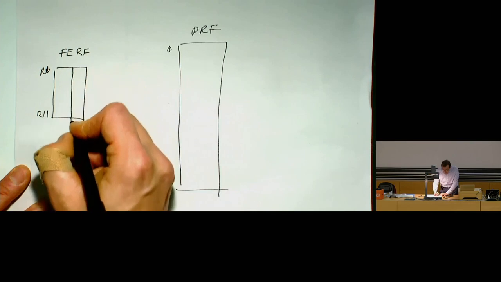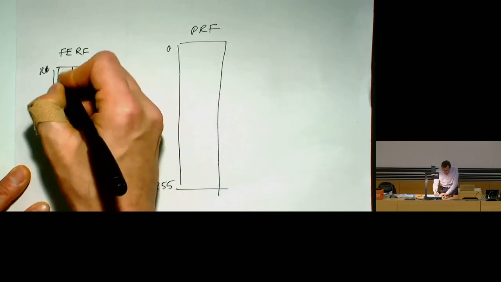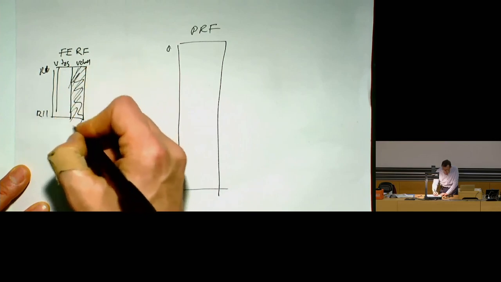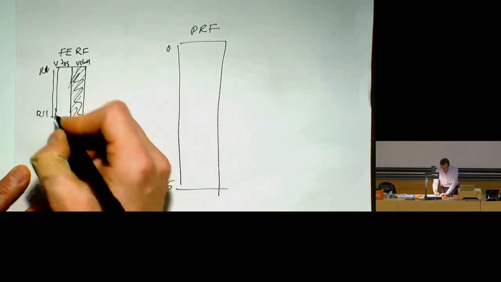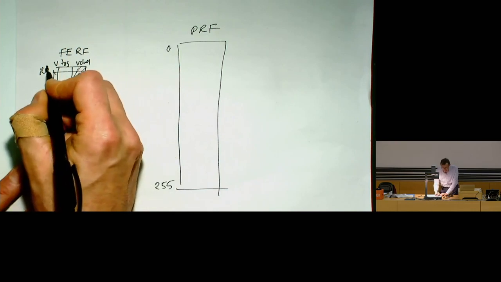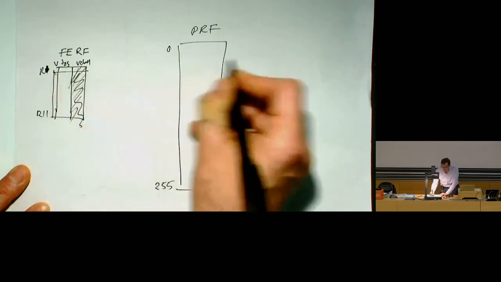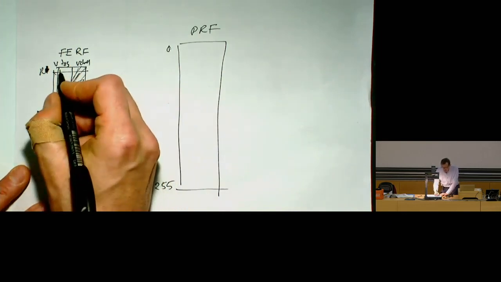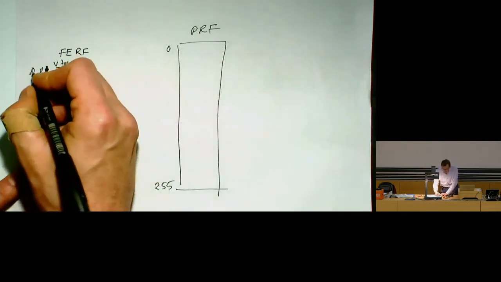Now we're not going to have the values over here. Remember, we had the valid bit, tag, and the value. We don't want these values. We got rid of them. And whenever we rename R1, we're going to allocate a physical register for R1. There should be some mechanism to allocate. So R1, for example, this is not architectural.